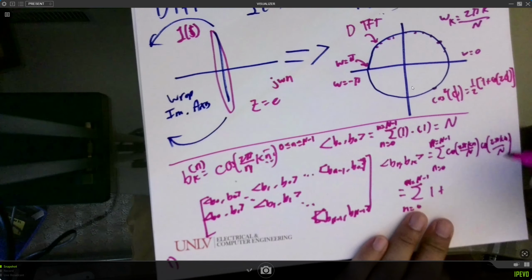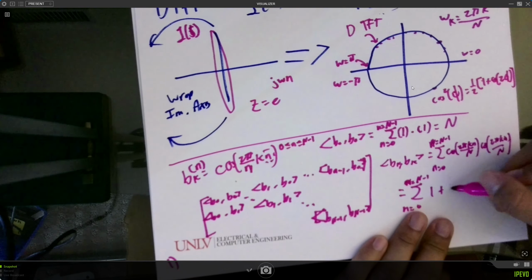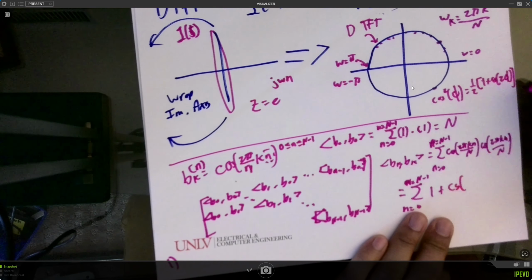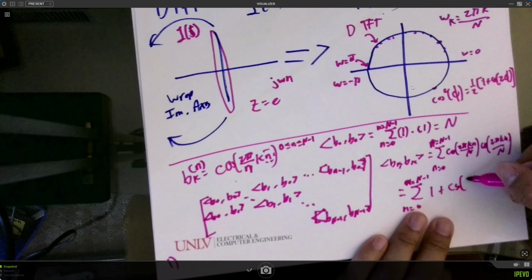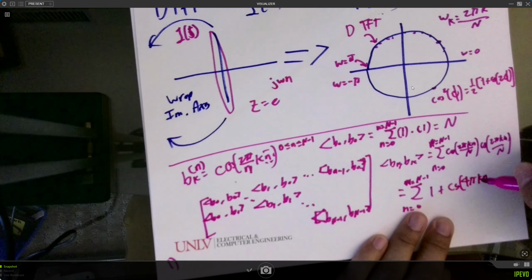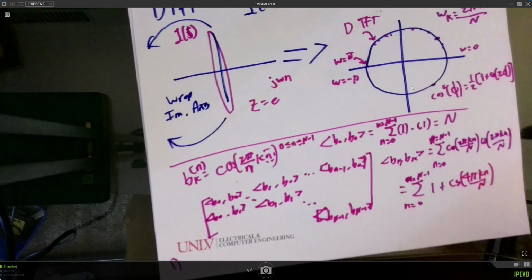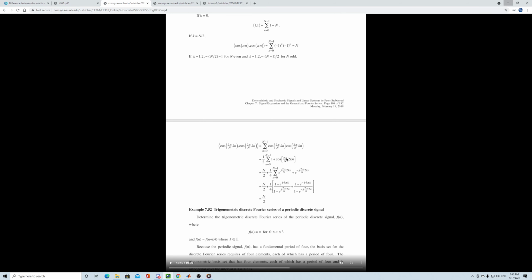This is your simple doubling formula. So that means this inner thing is going to be cosine double this. It's going to be, do I want to do this? Yeah, let's do it. 4 pi kn over n. And oh yes, let's just look at the holy book. This is why I love the book. There we go. 2 pi 2 kn.